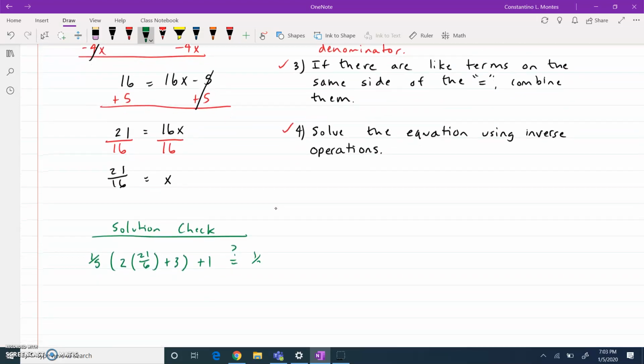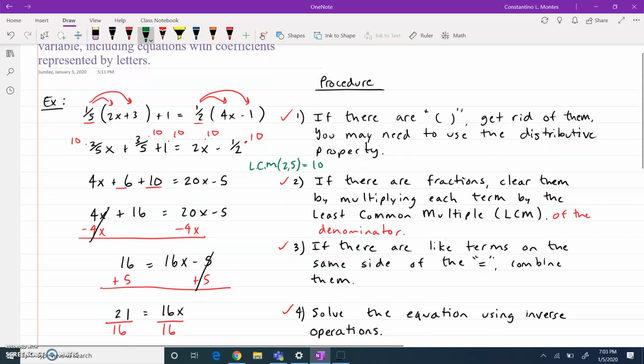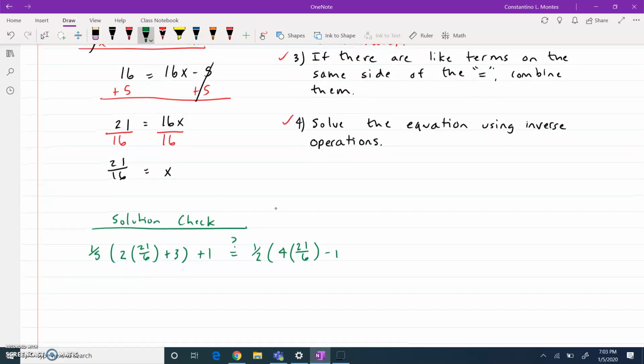1/2 times 4, and then there's an x there, so I'm going to write 21 over 16 minus 1. I know I did that kind of quick and I was scrolling up and down. Remember, you can always pause the video and go back to check what I did or figure out what step I took.